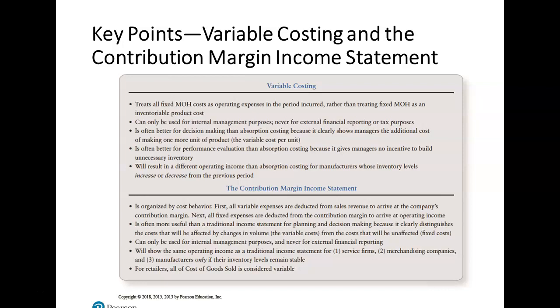Remember, look at your contribution margin and analyze it. Be very clear on what information is presented and how it is different from standard financial statements. Also, traditional income statements do not necessarily provide the most helpful information for planning and decision making, because we want much more detail. We want to be able to see costs and identify what those costs are. And some information is just not necessarily useful in that.